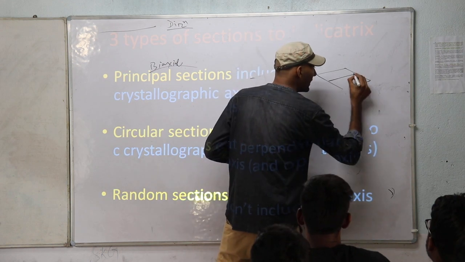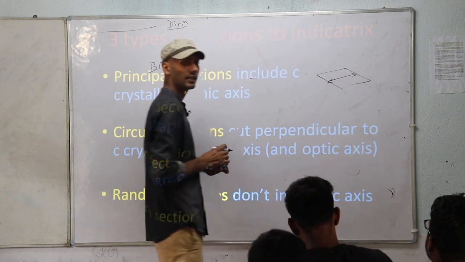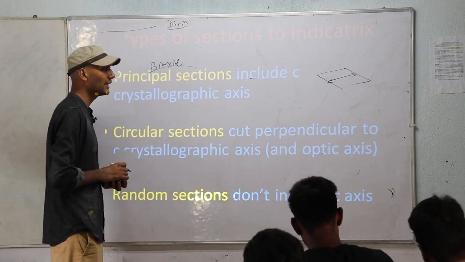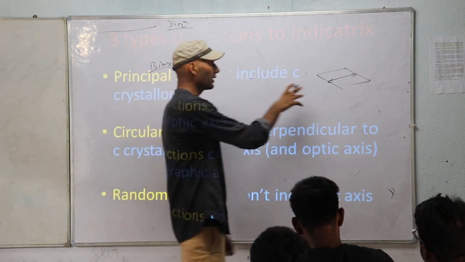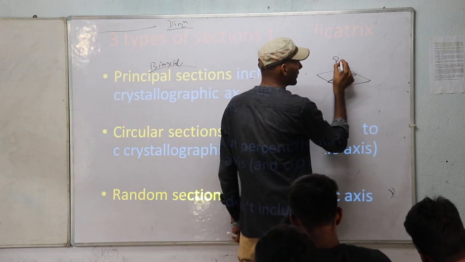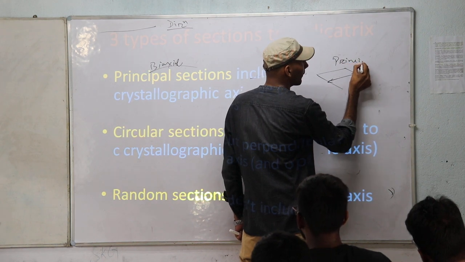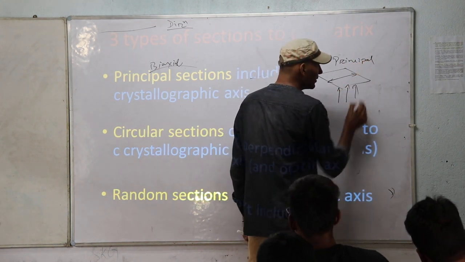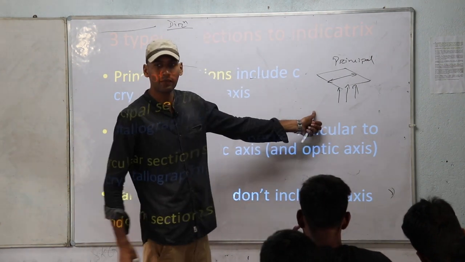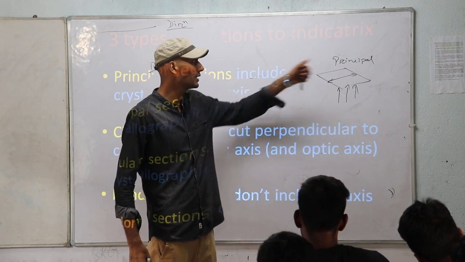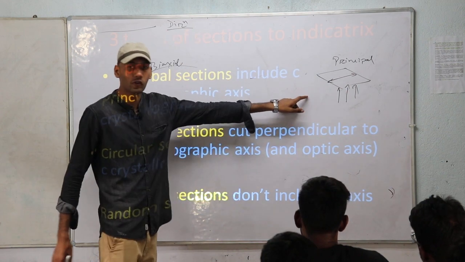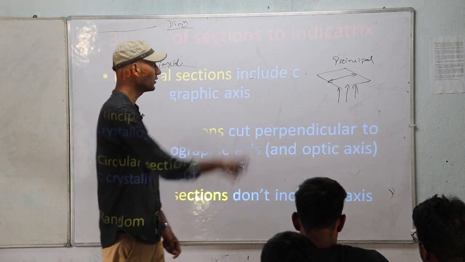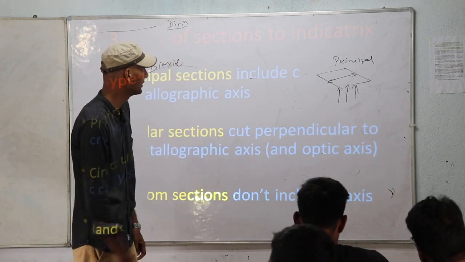The mineral C axis lies parallel to the stage, so that is principal section. Here light rays are perpendicular to the C axis. It will be useful in interference figure, so I have discussed that here.